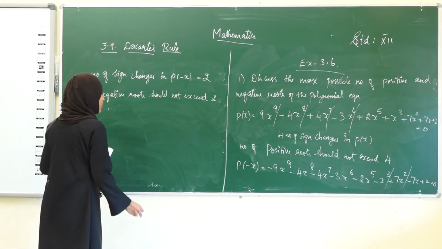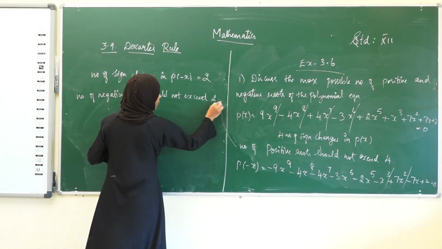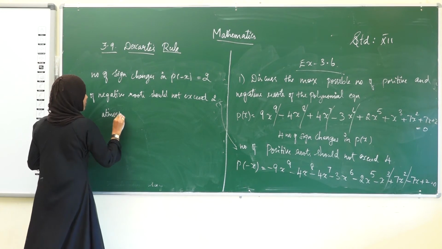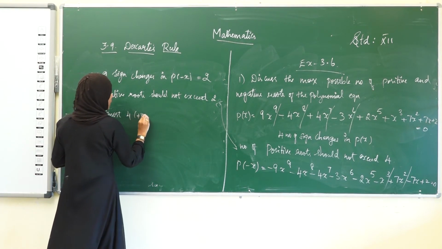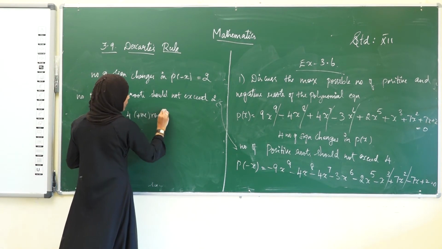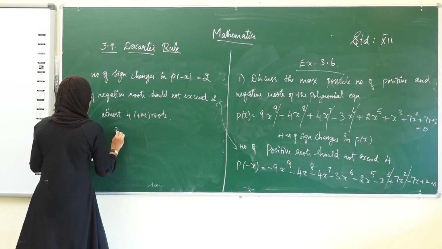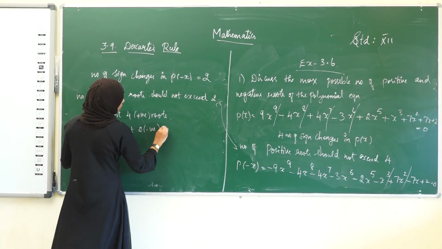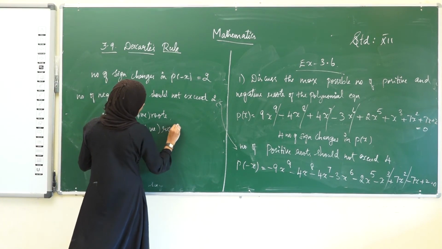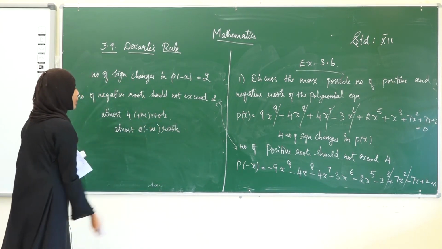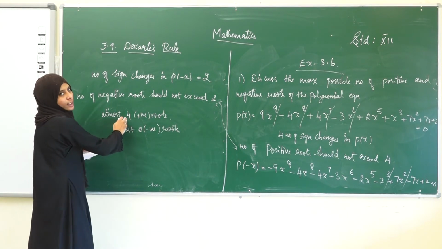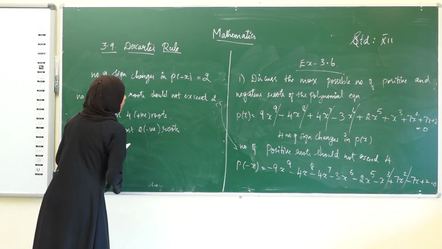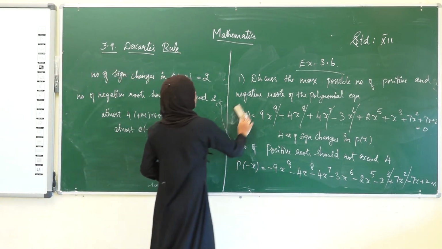Right? These are the two things we want. Therefore, we have at most 4 positive roots and at most 2 negative roots. This is the solution, the thing we have to find. Maximum number of positive roots should not exceed 4 and maximum number of negative roots should not exceed 2. Now let us move on to the second question.